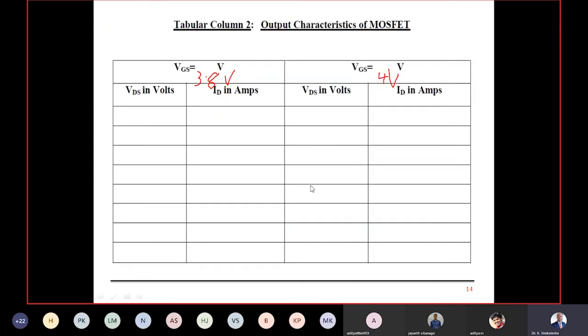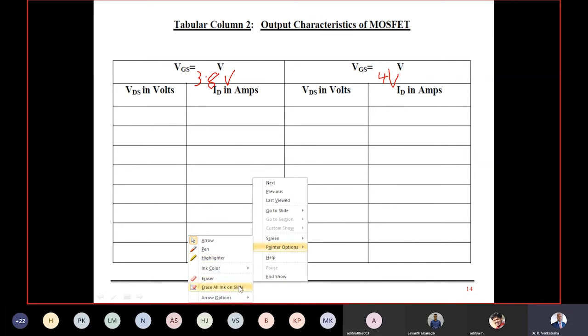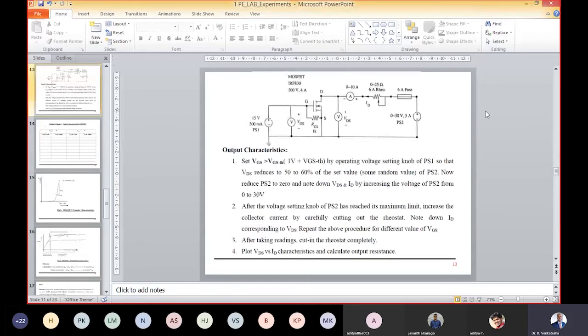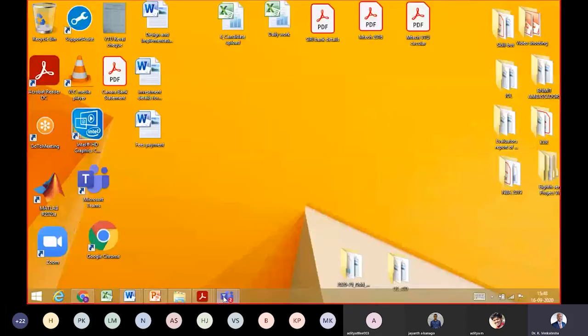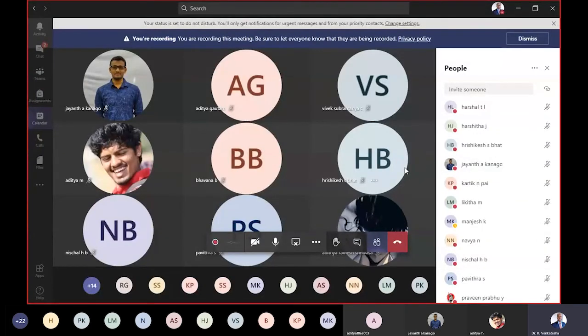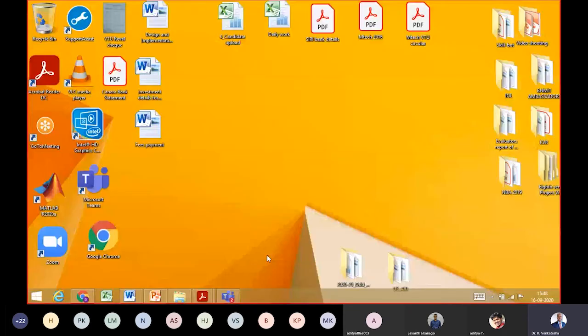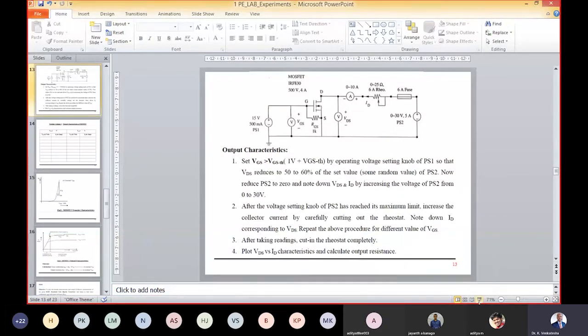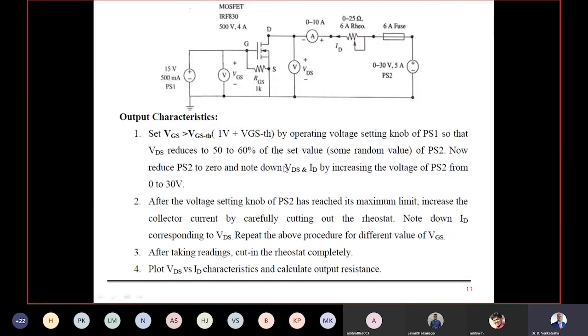Now somebody can explain to me how to conduct this output characteristics. Somebody can explain. Harshal, I'll help you. You just share the idea.